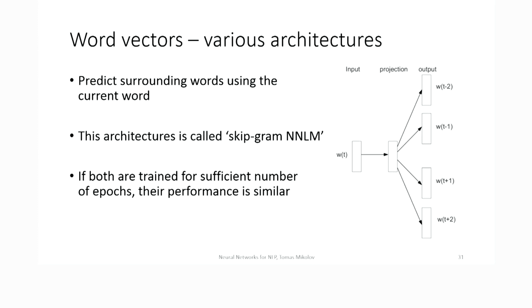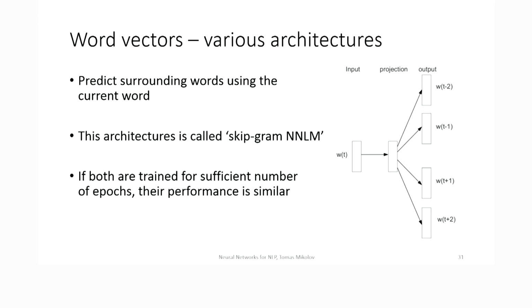Then a mirror architecture to the continuous bag-of-words architecture is the skipgram architecture. That is maybe even simpler to understand, where we simply take the current word in a sentence and we try to predict one by one the nearby words, and we propagate the gradients through these weight matrices and update them.